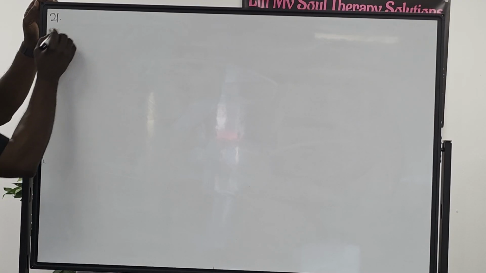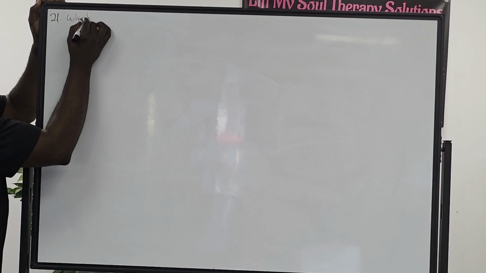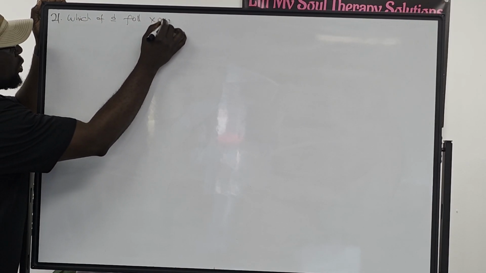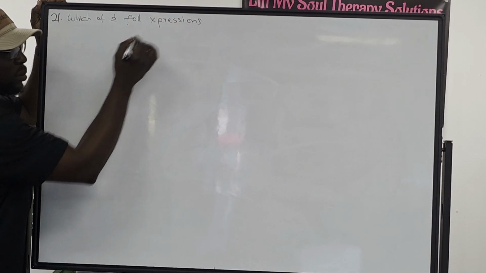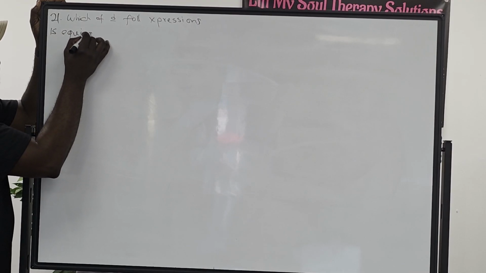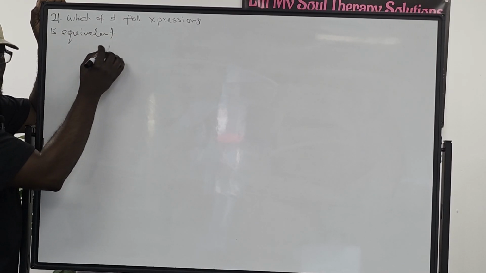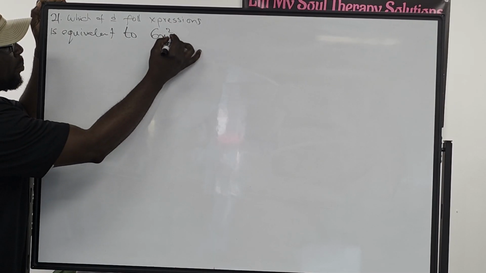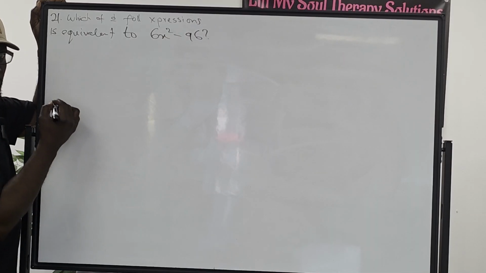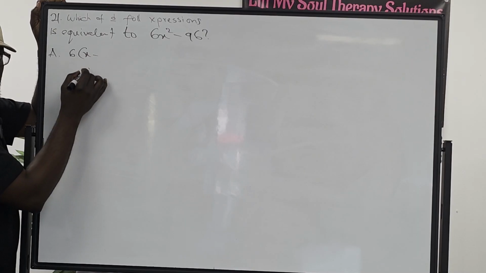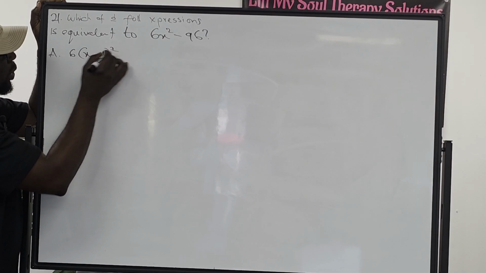Question 21. Which of the following expressions is equivalent to 6x squared minus 96? Option A is 6 bracket x minus 4 squared.